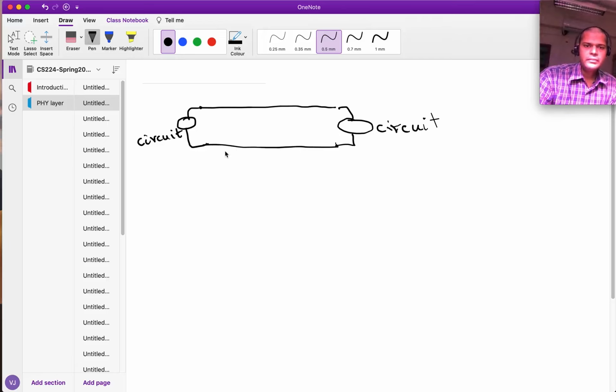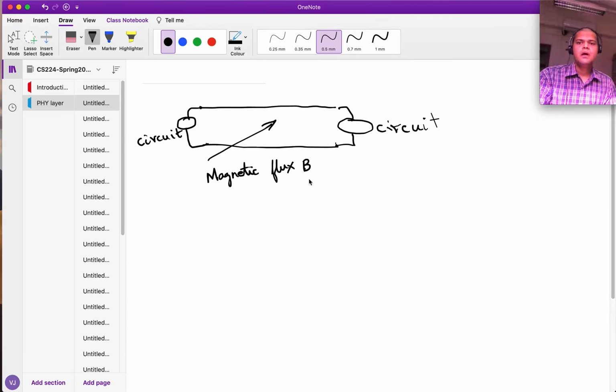And what happens if there is a magnetic flux going through? You studied from your physics that the EMF, essentially the voltage that would be induced here, is proportional to dB by dt. So if there's a magnetic field going through this, then a voltage is generated here.